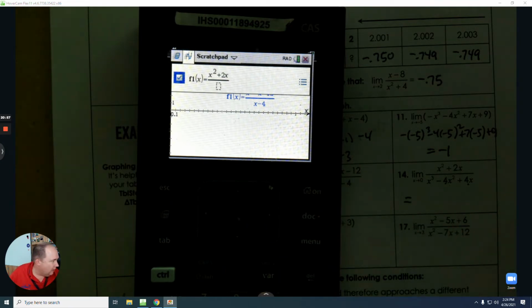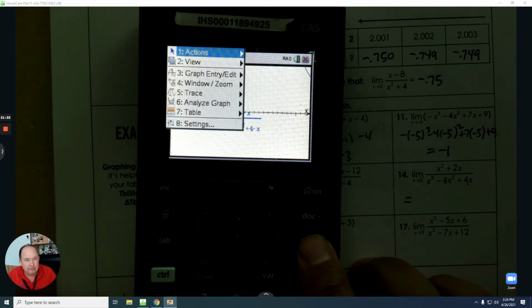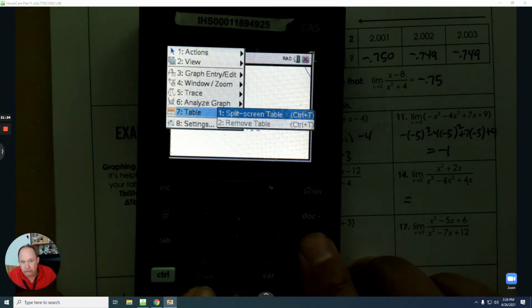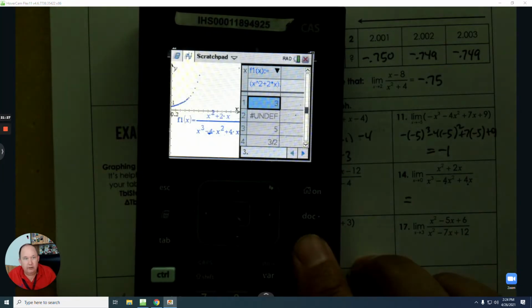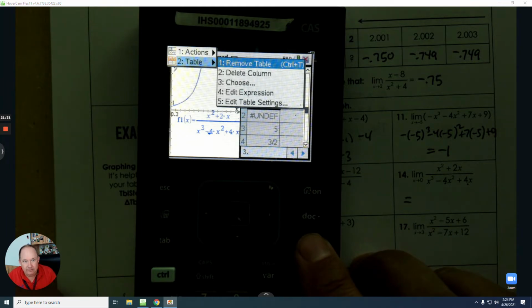And then in the denominator is x cubed subtract 4x squared plus 4x. I'm going to do Menu and a table. Split screen. I'm going to go Menu, and I'm going to go Table, and then edit the table settings.